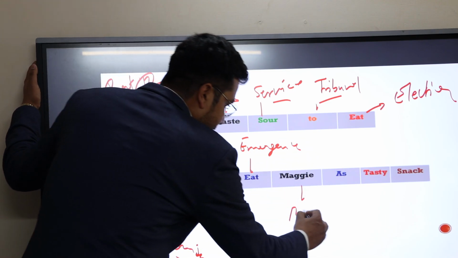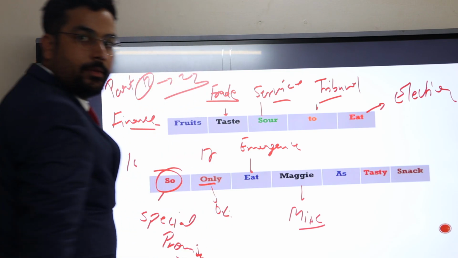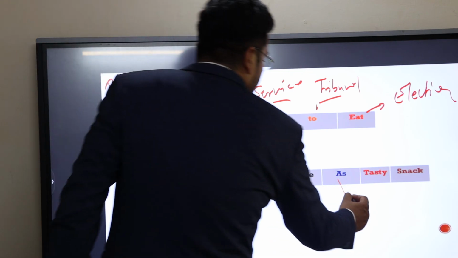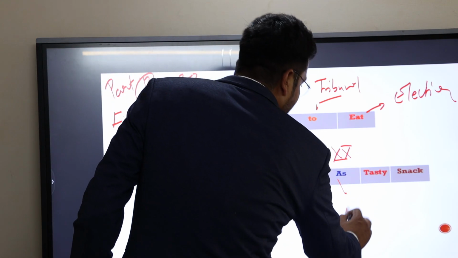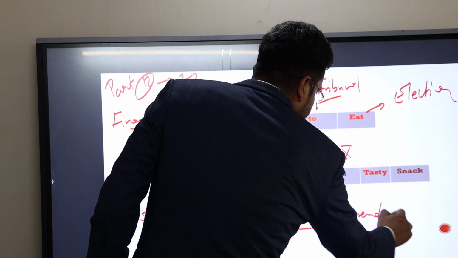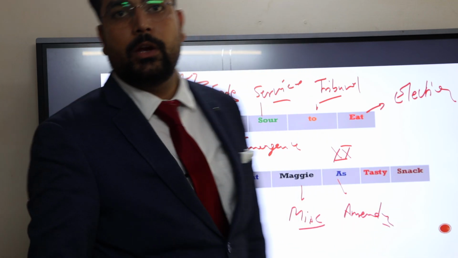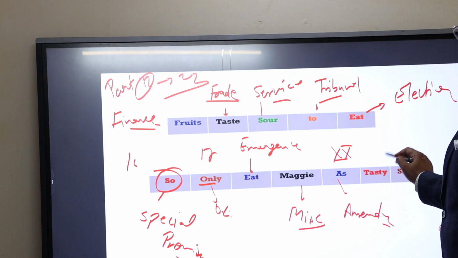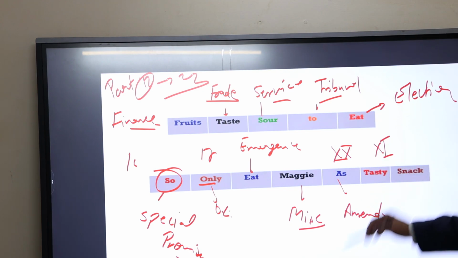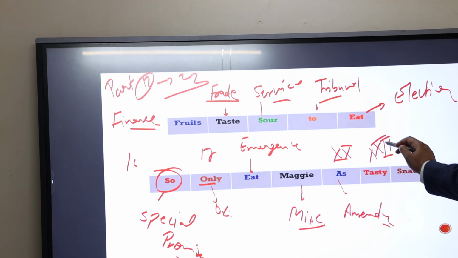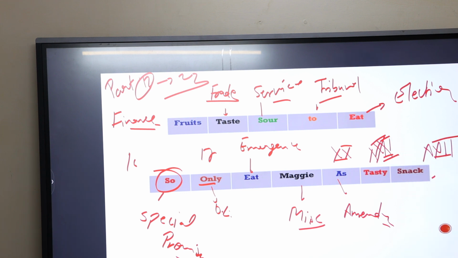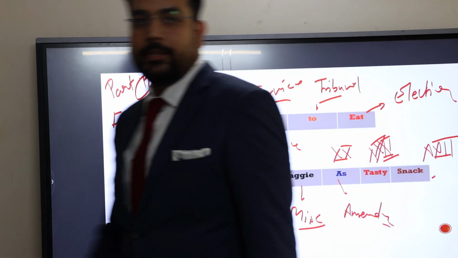Maggie, miscellaneous, 19. Then 20 amendment to the constitution. Then temporary and transitional provision, part 21 and part 22, short titles or authoritative text in Hindi.